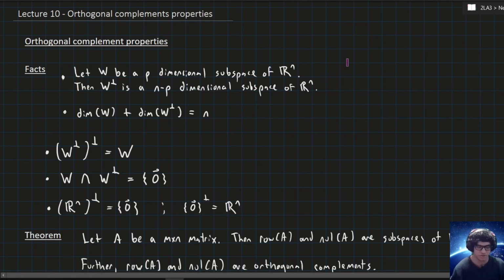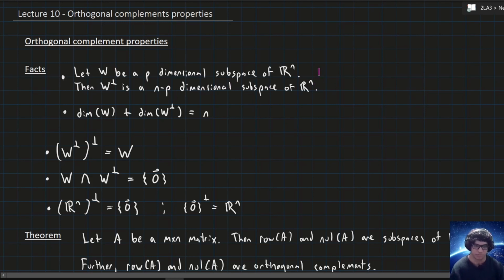Okay, so let's discuss some properties of the orthogonal complement. So if W is a p-dimensional subspace of Rn, then its complement, W perpendicular, is an n minus p dimensional subspace of Rn. So we saw that in the example. Our W at first was a plane, dimension 2, and its complement was a line. So 3 minus 2, a dimension 1 subspace.